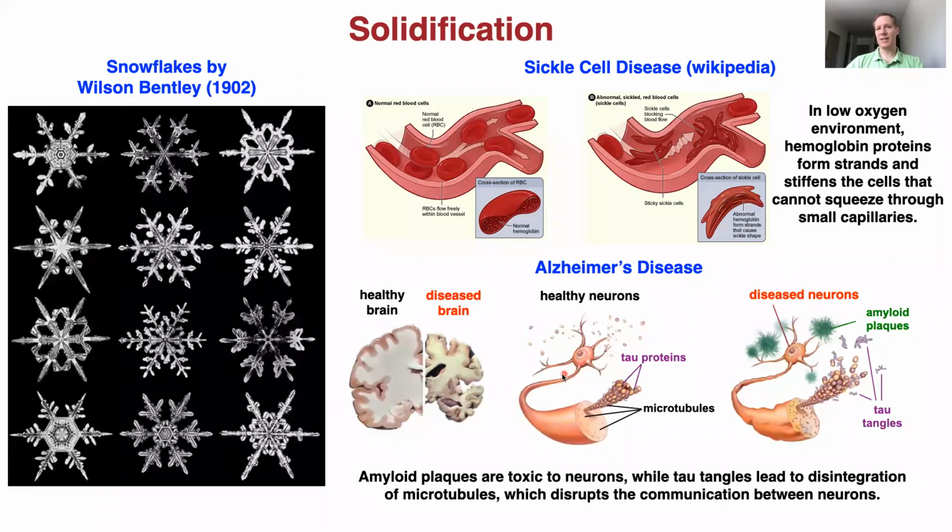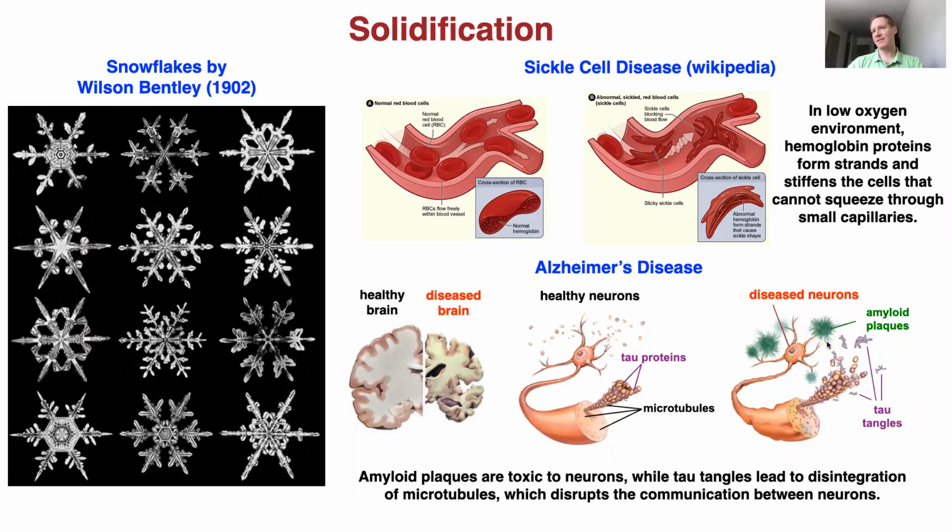Because the neuron has to send a signal along these microtubules to another neuron. But if the tau proteins form tangles with each other, they will not bind anymore to these microtubules, which will lead to disintegration of microtubules, which will also disrupt communication between different neurons. Right?